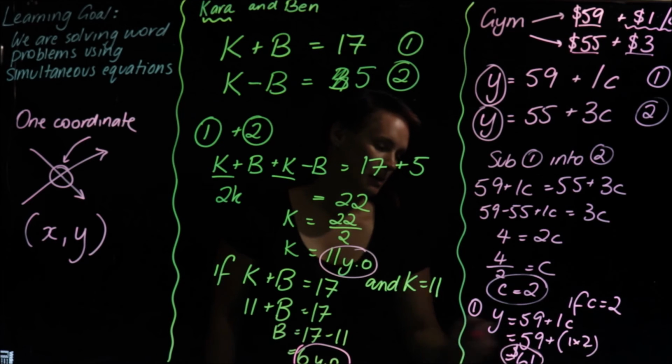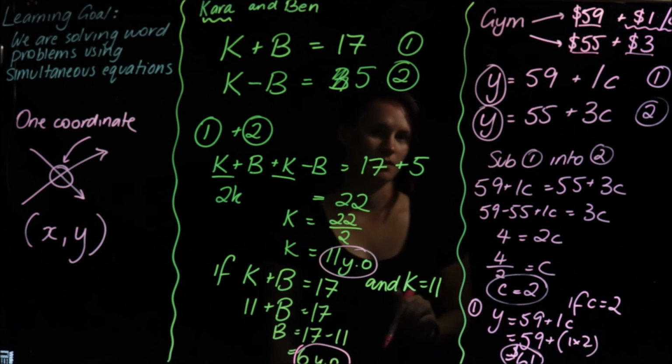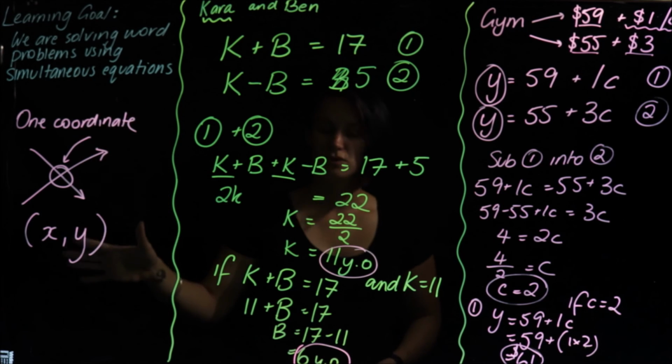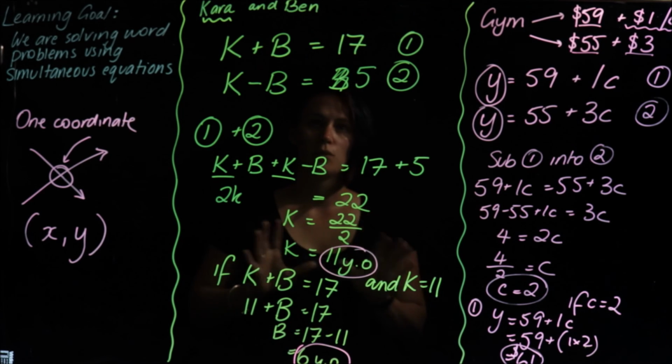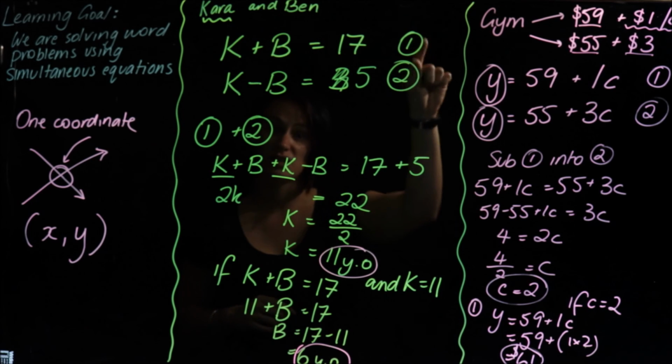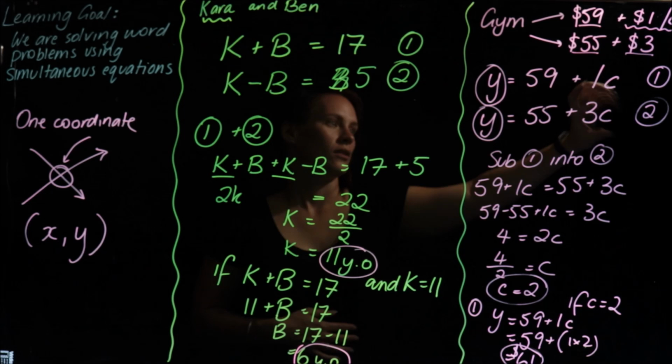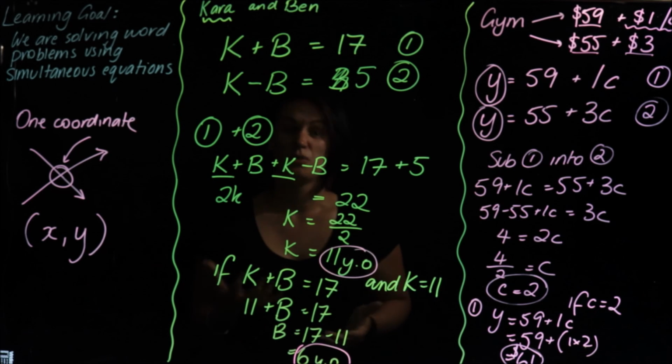So our gym memberships will cost $61 each if we take 2 classes, right? So that's how we use our simultaneous equations to work out a word problem. You have to identify two equations first of all, and then manipulate them in some way so that you can find what you're being asked to find.